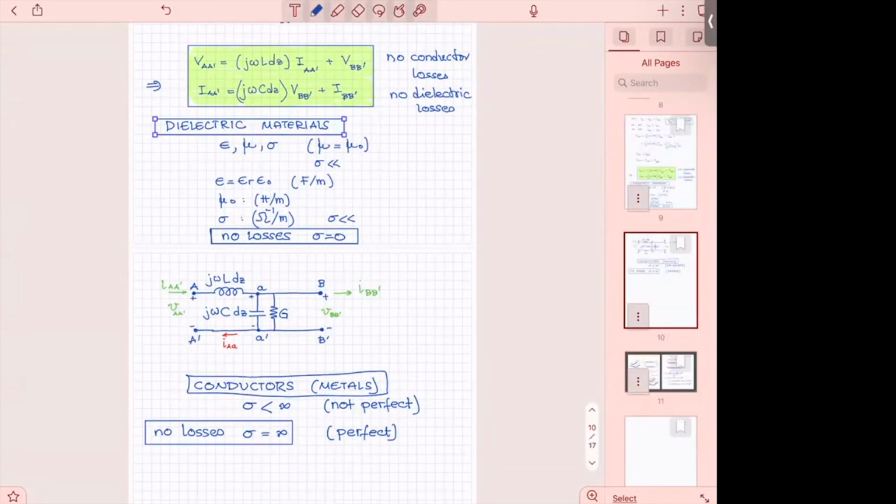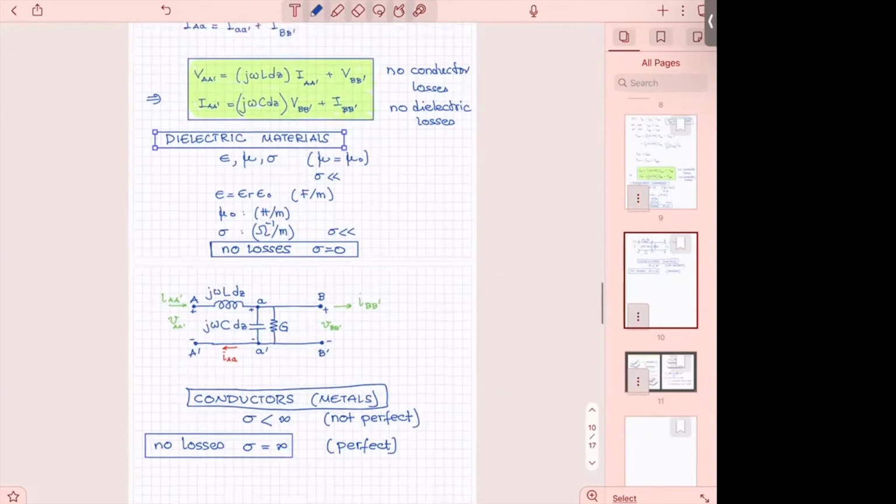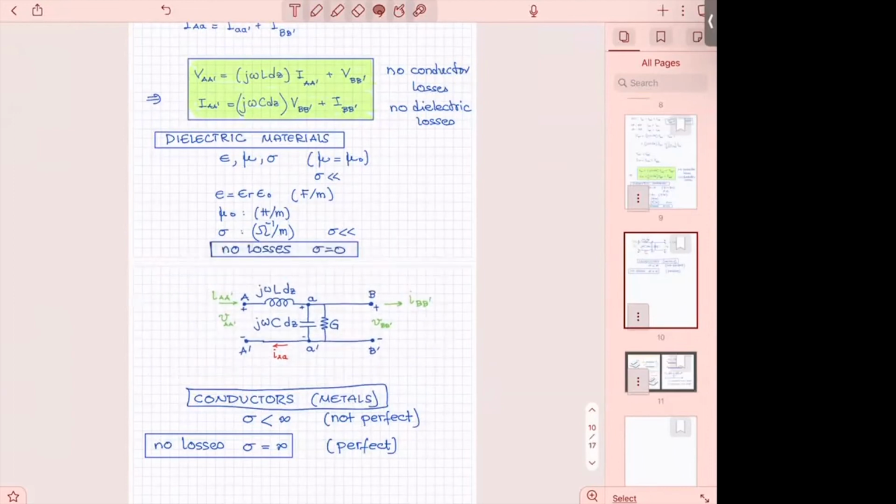And if you have losses in conductors, they will show as a series resistance. And here is how they're going to show. So we're going to change that a little bit. Let me see how we're going to change it. All right, move this here. Move this here. Move this one here. And then add the resistance here.